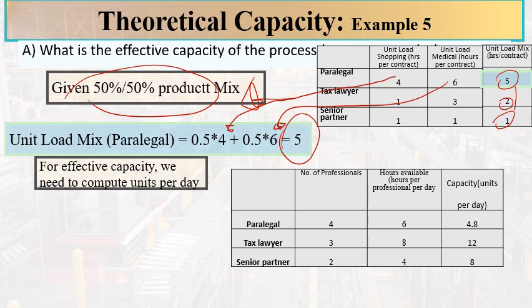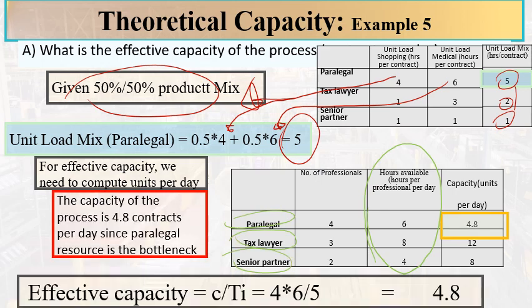So now, again, the main difference in this question is we have the number of hours. We didn't have number of hours in previous questions. We just assumed that they do the same hours every day, each resource pool. Now, each resource pool in this case has different hours. So when we calculate the effective capacity, we're going to take the number of professionals, which is 4.